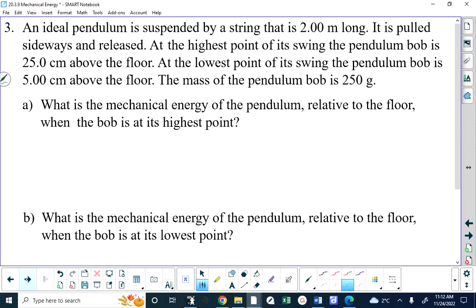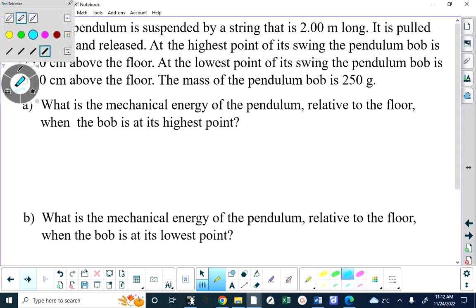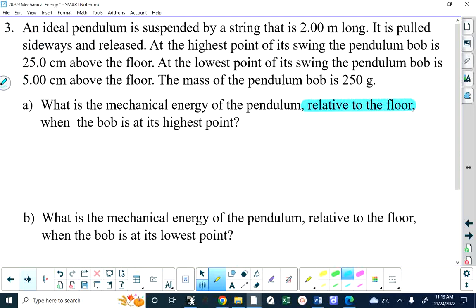Okay, so first of all, this will probably be the only time in the course where we will ever do that. We're going to see examples where it's easier to use relative to the lowest point.